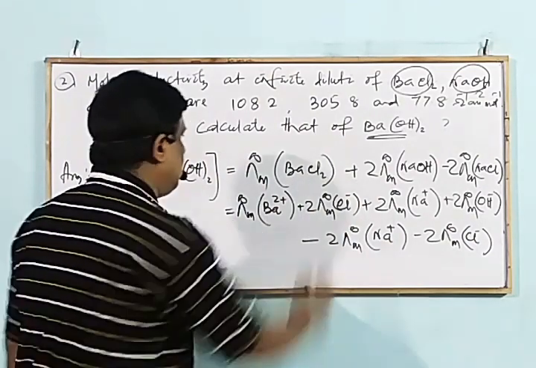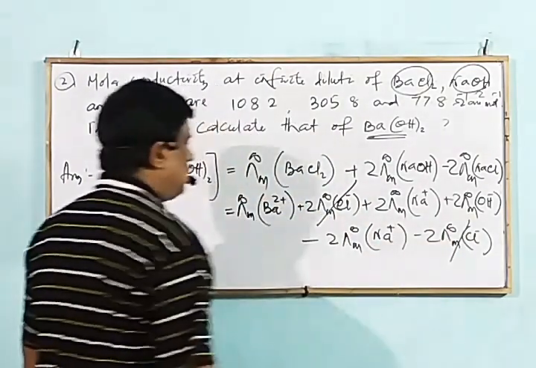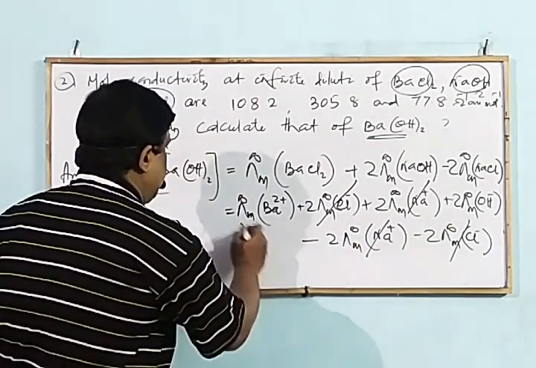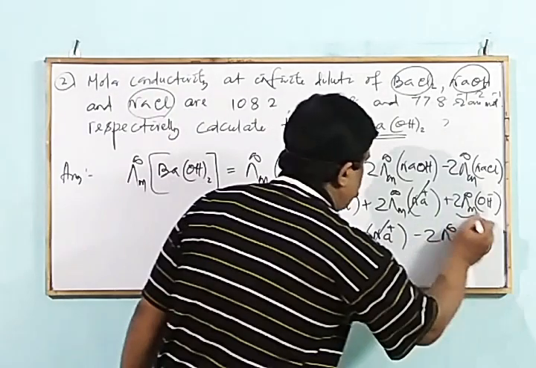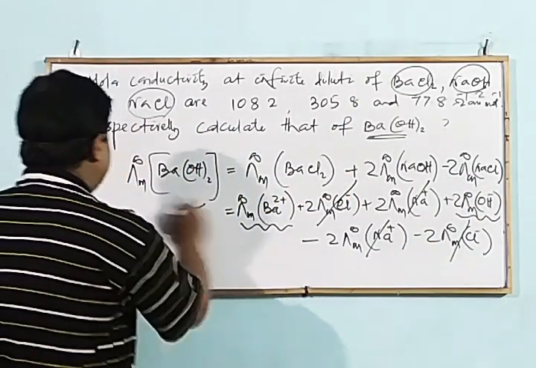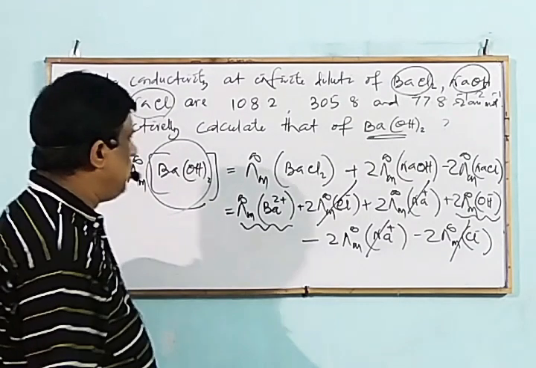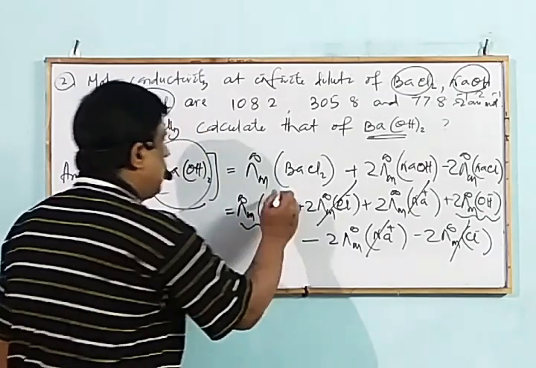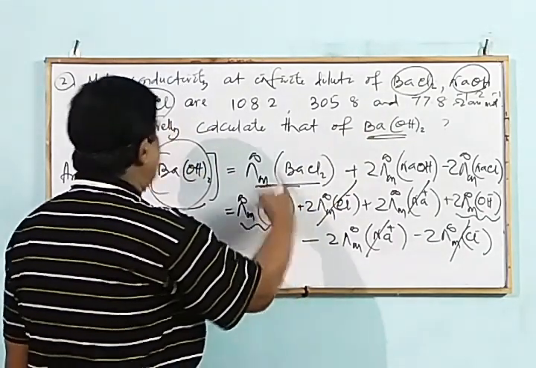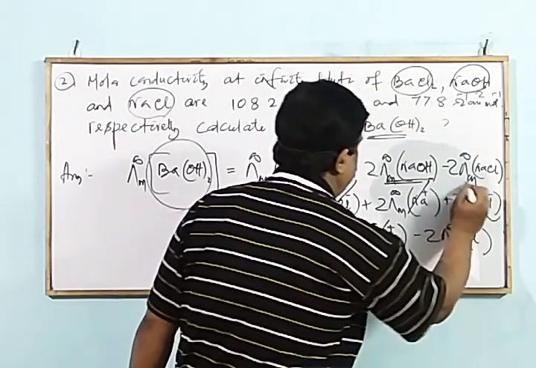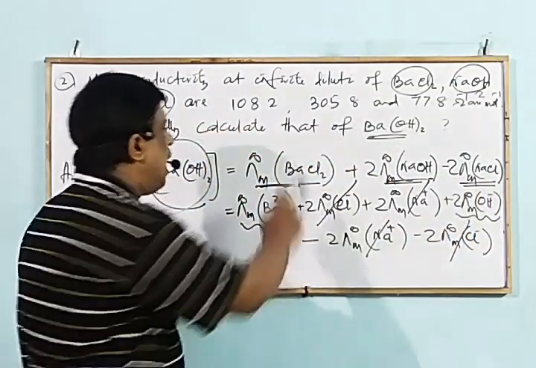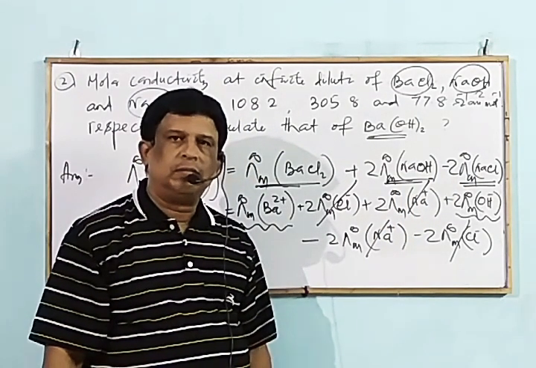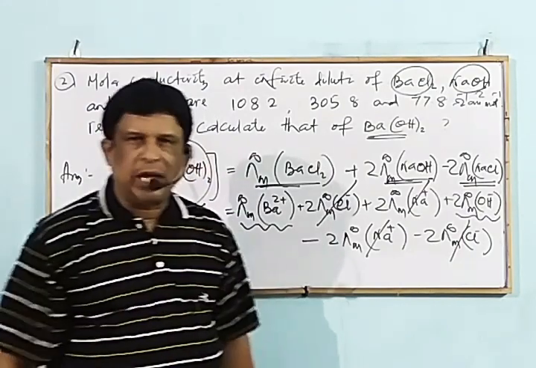The 2 chloride and 2 sodium cancel out. Then we have the molar conductivity of barium ion and 2 times that of hydroxide ion, which is equivalent to that of barium hydroxide. So the values for barium chloride, sodium hydroxide and sodium chloride are given. Add the first two values and subtract the third one to get the result. Move to another type of problem.